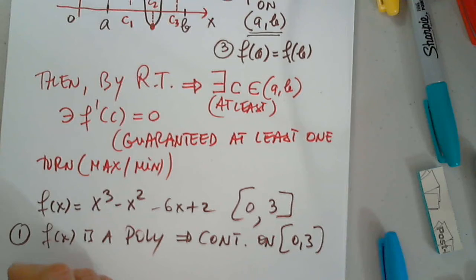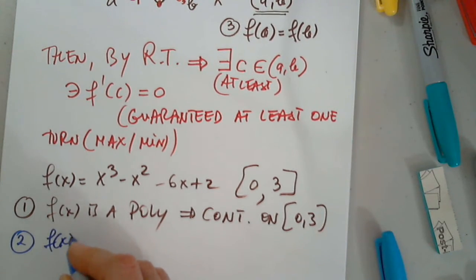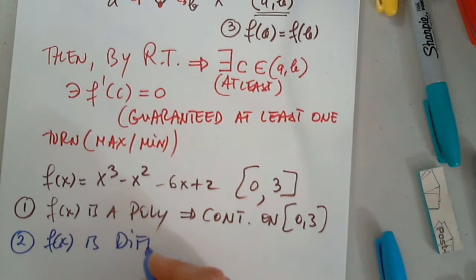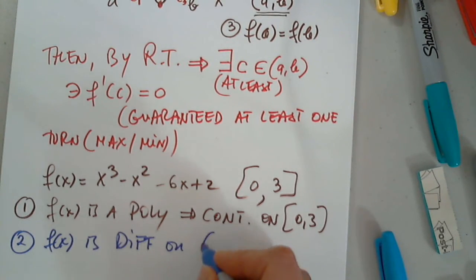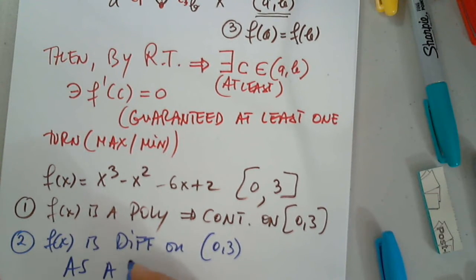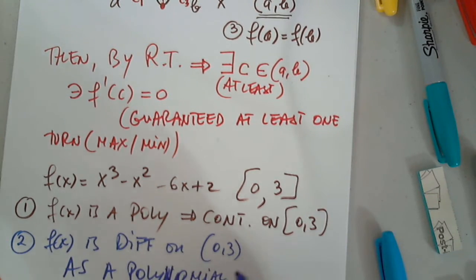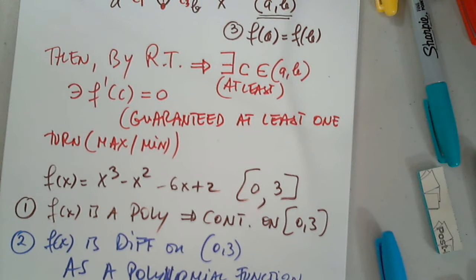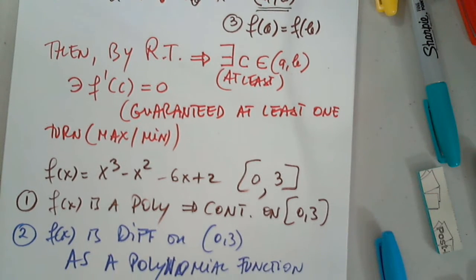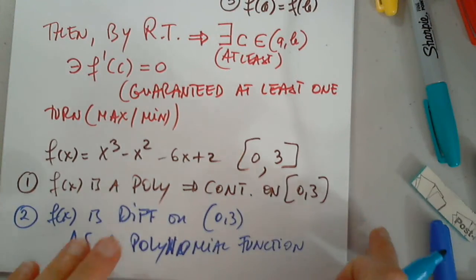Number 2, the second hypothesis says f of x is differentiable on at least (0, 3). Of course, as a polynomial function. We know polynomial functions are continuous and differentiable everywhere.